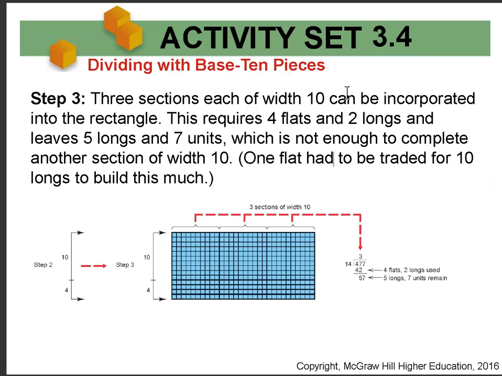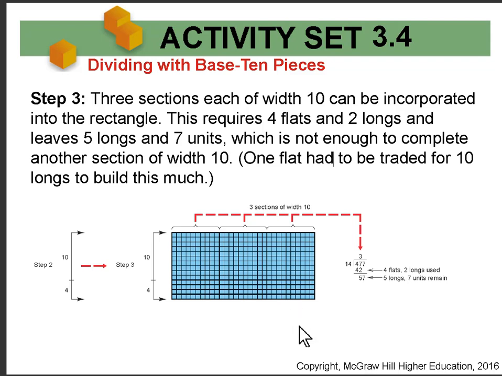So step 3 says 3 sections, each of width 10, can be incorporated into the rectangle. So remember, we have 4 flats, 7 longs, and 7 units. So we can put out 3 flats, and then because we're trying to make a rectangle of dimensions 14 on this side, we're going to use 4 longs, then 4 longs, then 4 longs.